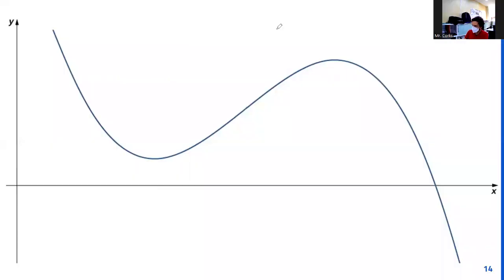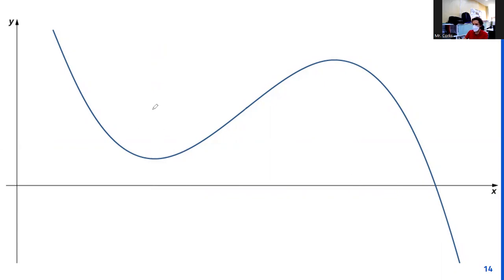This is a quick review, just a visual understanding of what these first and second derivatives look like and where they are, and then we will look at the actual questions in a moment. So looking at this function here, how many maximums, minimums, and how many inflection points?